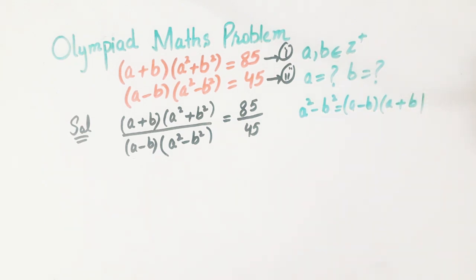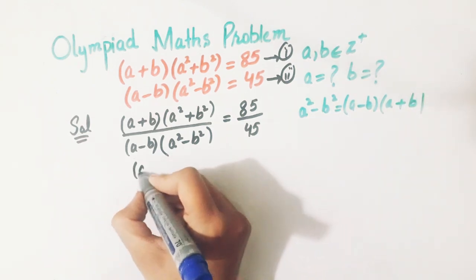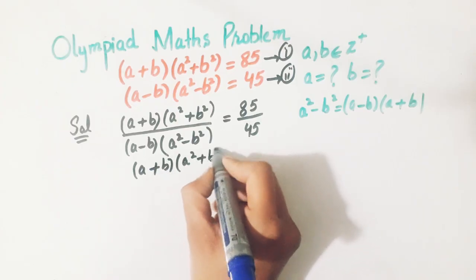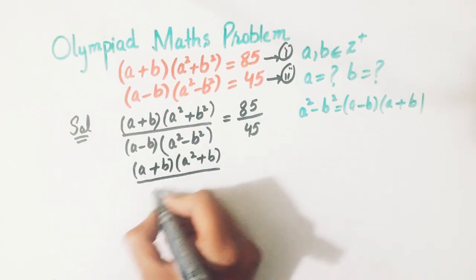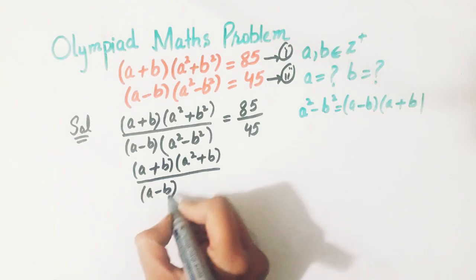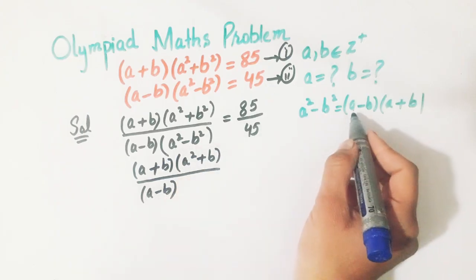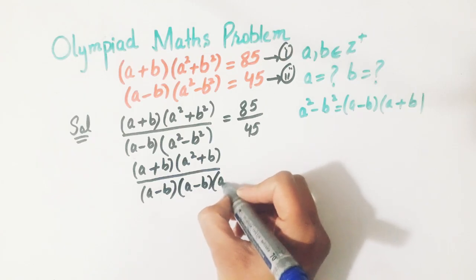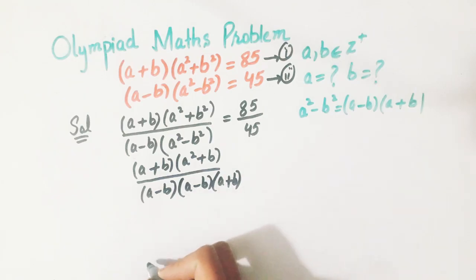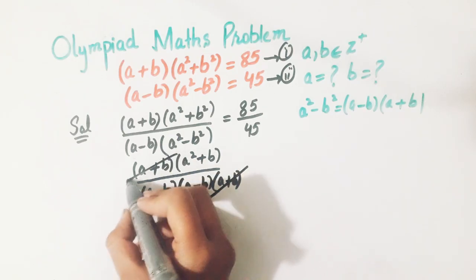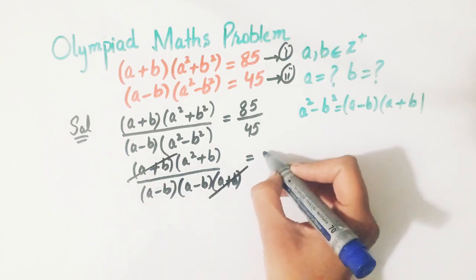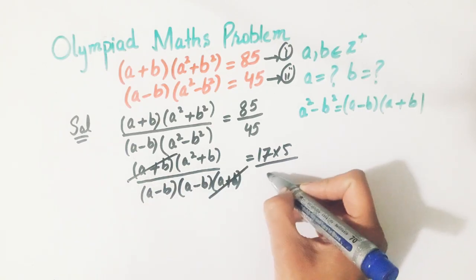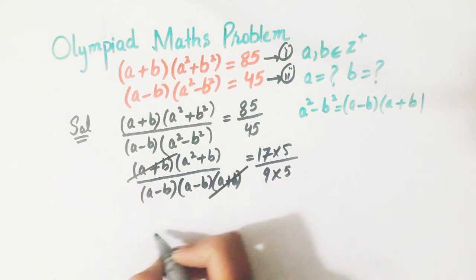So we get (a plus b)(a square plus b square) divided by (a minus b), and in place of a square minus b square we substitute (a minus b)(a plus b). Now we will cancel out a plus b, and 85 can be written as 17 multiplied by 5 and 45 can be written as 9 multiplied by 5.